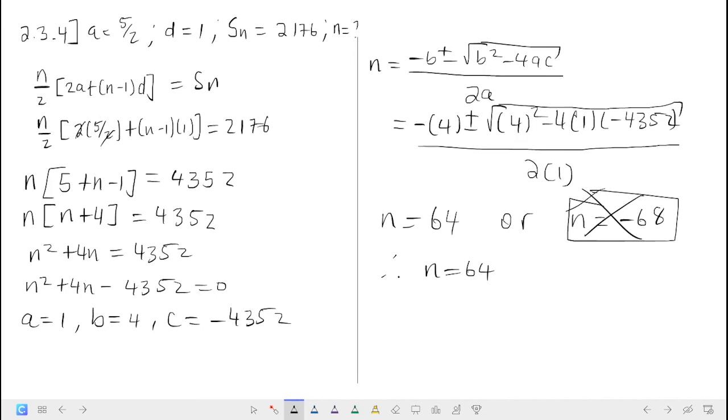But if we have 64 terms in the first differences, it means that it came from 65 terms in the quadratic. Therefore n is 65 in the quadratic sequence. I hope this makes sense, and that is all for part 2, and I'm going to see you in the next part.